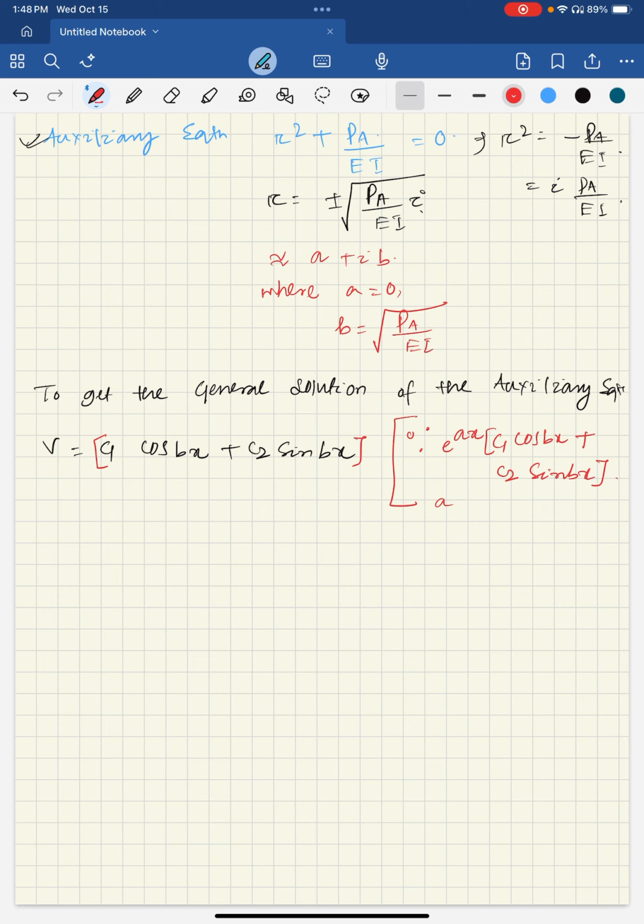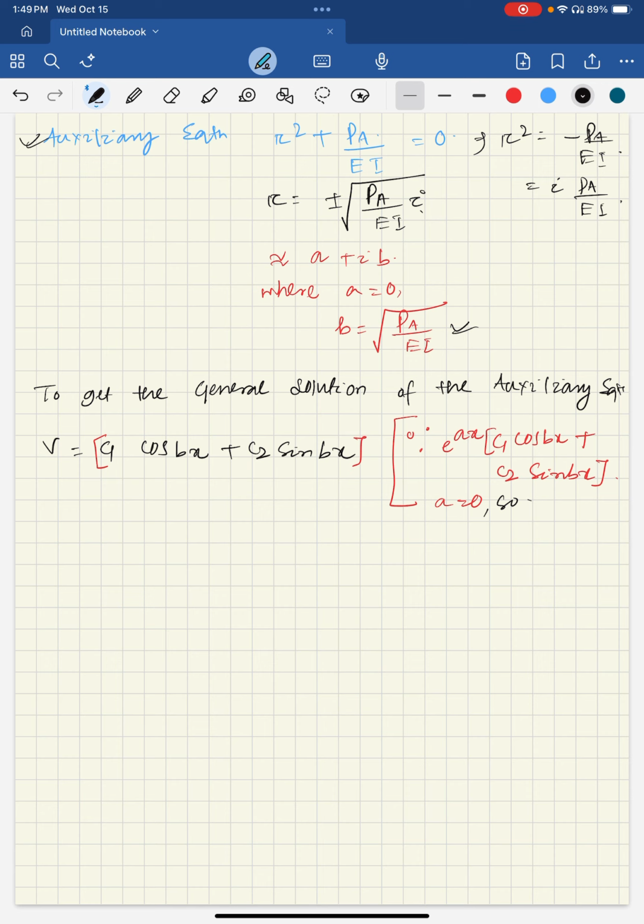Now a is equal to 0, so we get c1 cos bx plus c2 sin bx, where b is equal to this. This is b.